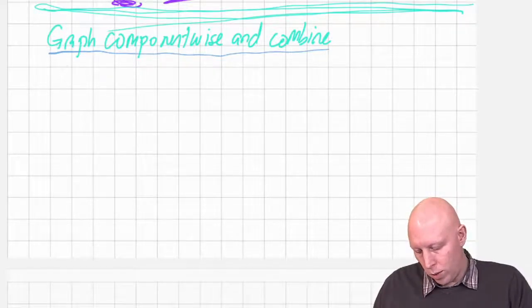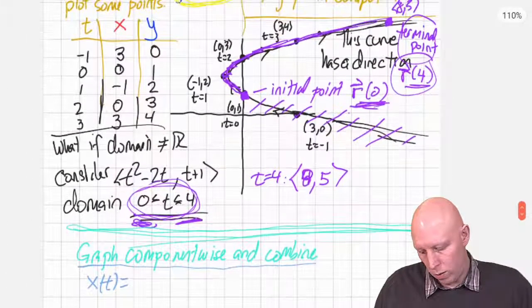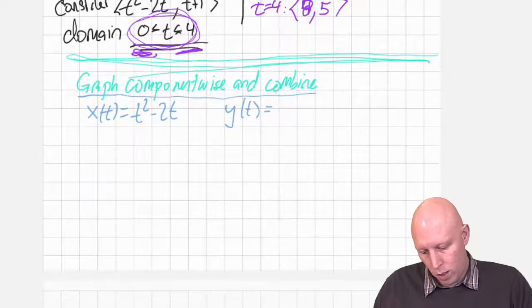Here's what we're going to do. We had two equations. We had x of t equal to t squared minus 2t, and we had y of t equal to t plus 1.